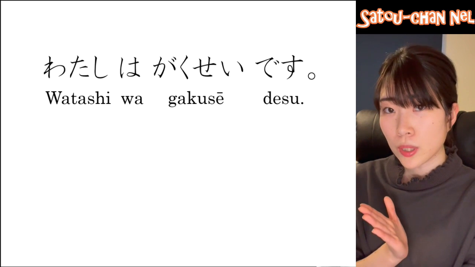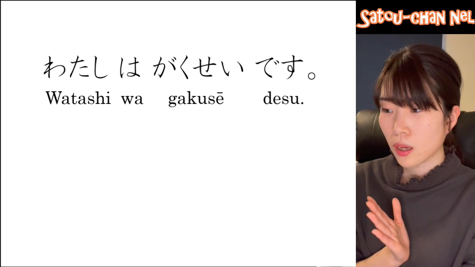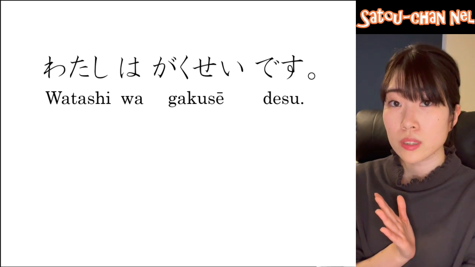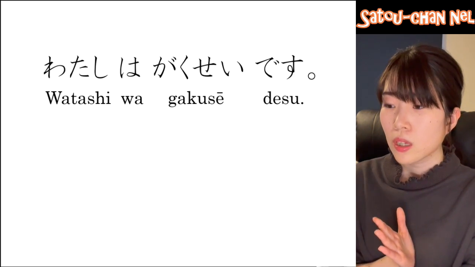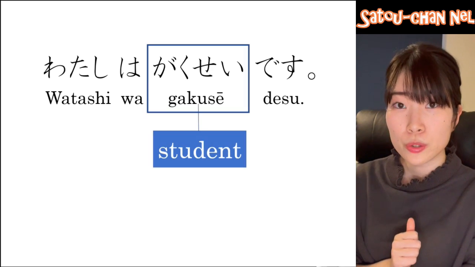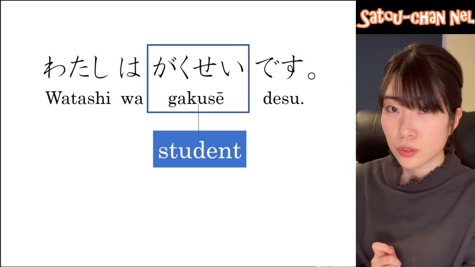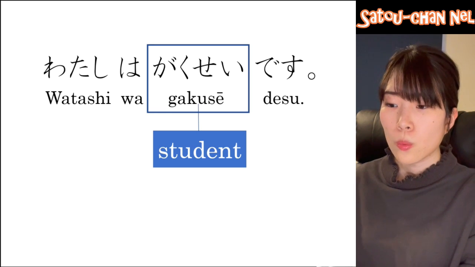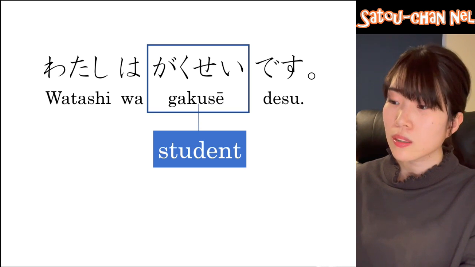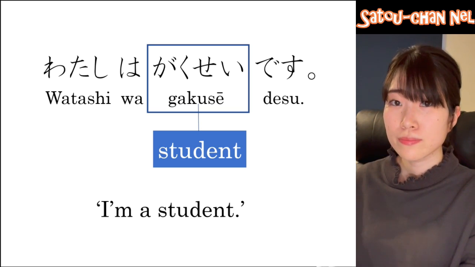How about this one? 私は学生です。学生 is not a name. It means student. 私 is I. So this sentence means I'm a student.